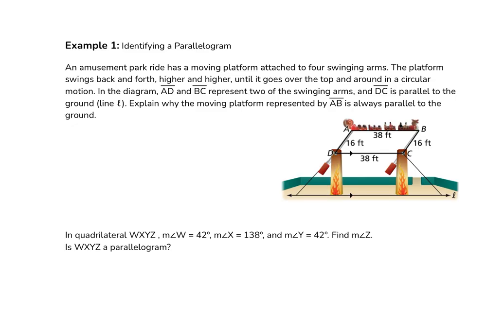Well, it's not, right? The arms are going to change angles, but this and this are still going to stay the same length, and the top and bottom are going to stay the same length. So the 4 sides are going to stay the same length. We want to explain why the moving platform represented is always going to be parallel to the ground.